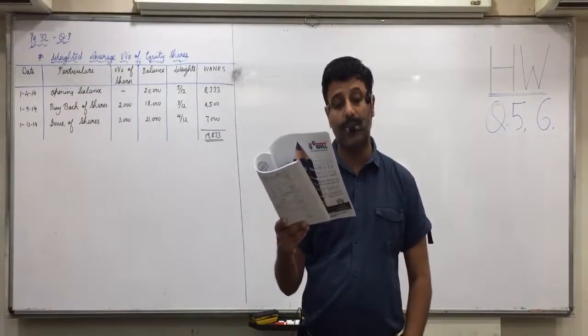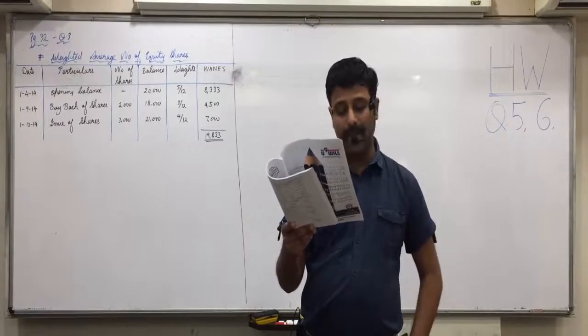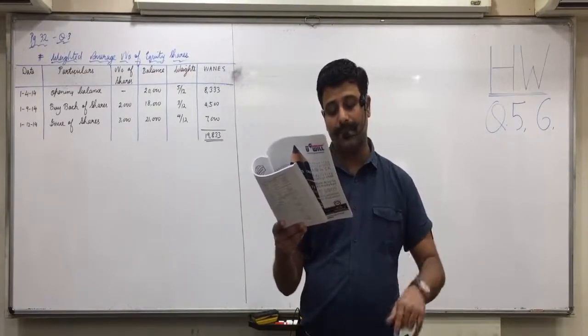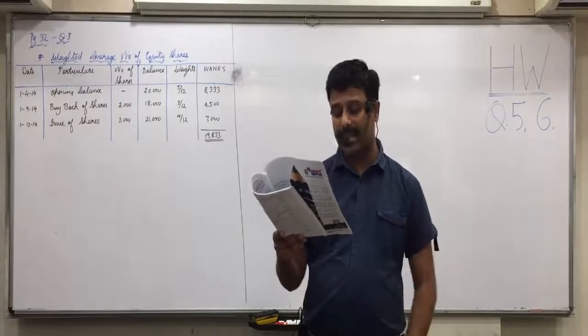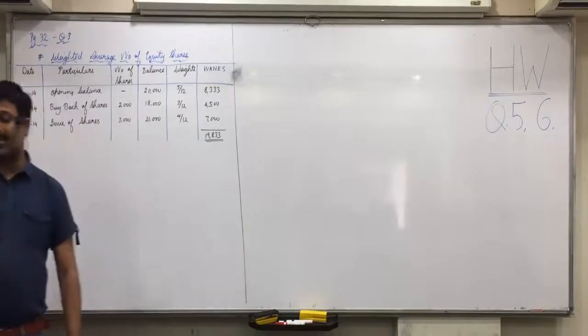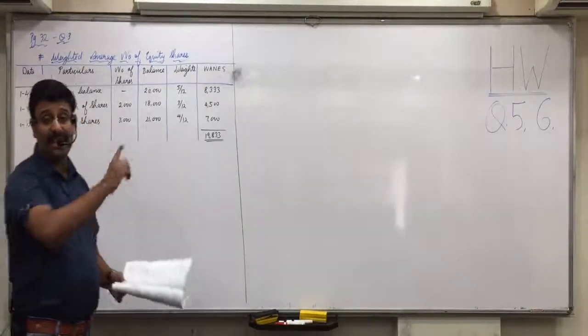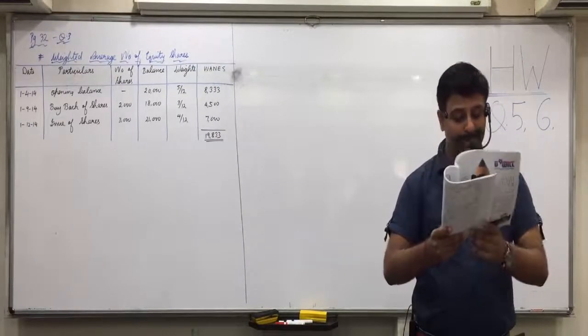Again 1/12/14 issued, plus. Again 28/2/15 buyback, minus. And what about 31/3/15? Closing balance? Ignore. Write it down on the next side. Ignore. Did everyone understand this? Now question 7 I am taking up in the class period. So 5 and 6 are your homework. Understand 7 and 8, you'll try on your own.